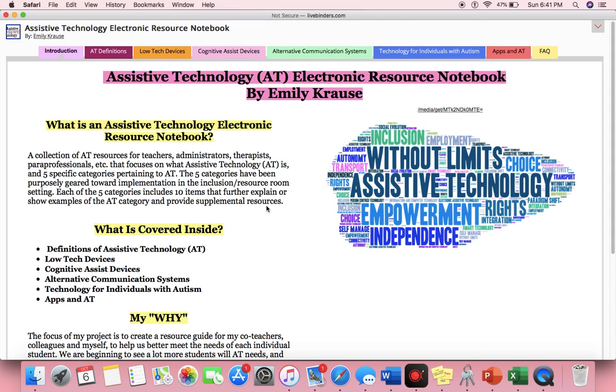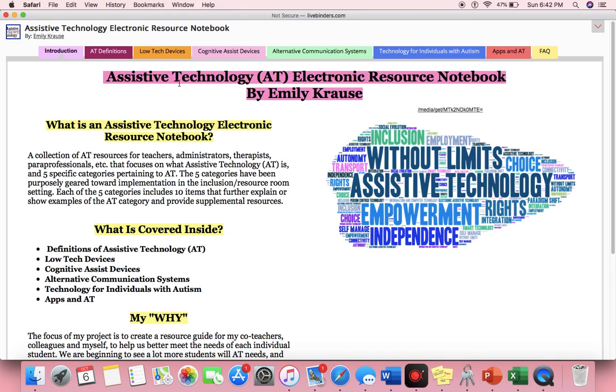So I created this AT resource notebook for my co-teachers, colleagues, teachers, administrators, therapists, paraprofessionals, and even parents to introduce them to what assistive technology is and the definitions. And then I chose 5 specific categories to focus on.